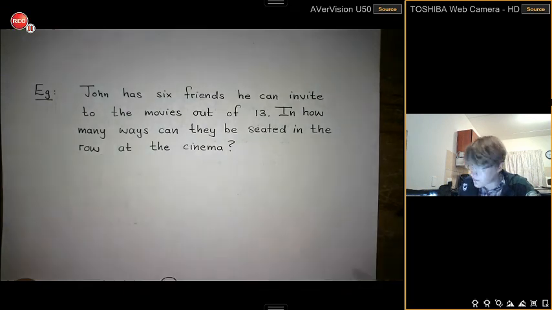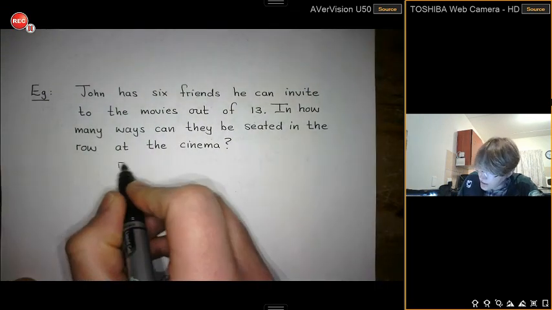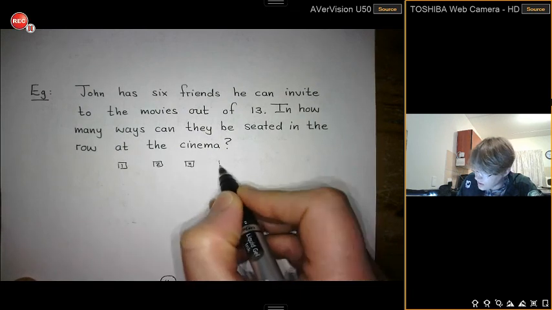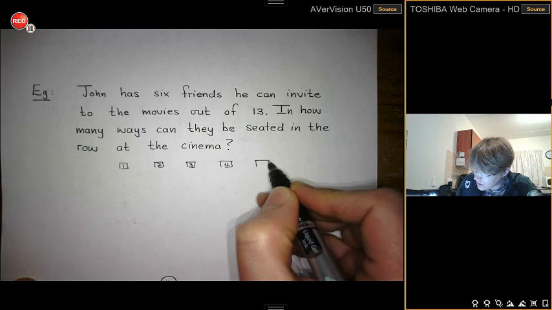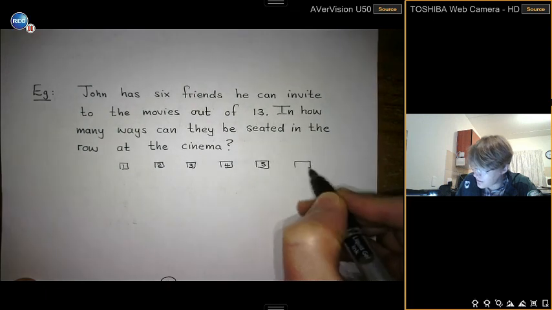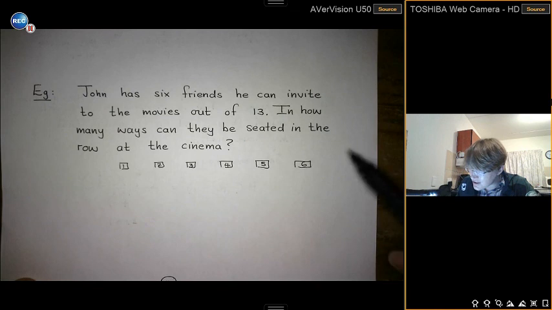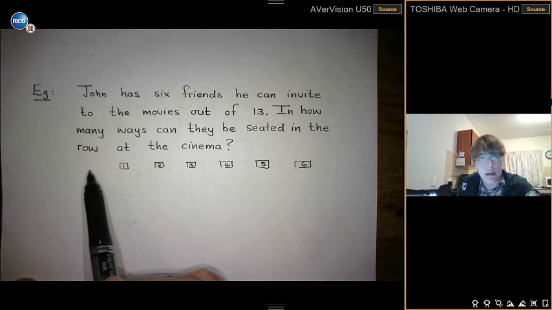So if you want to do this manually, you have to again go and realize there's 1, 2, 3, 4, 5, 6 places available in that row. Now, I know this one isn't very clear because technically speaking, you go and say, where does John sit? Let's say John is fixed over here. He's seated.